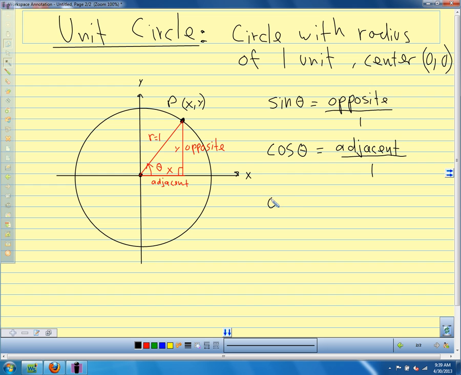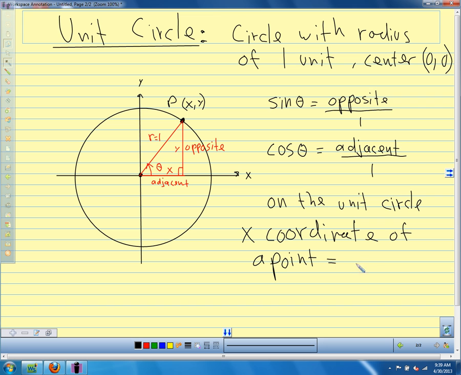So on the unit circle, the x-coordinate of the point is just the cosine of the angle. That's the adjacent side. Because our radius is 1, the cosine of the angle gives us our x-coordinate.